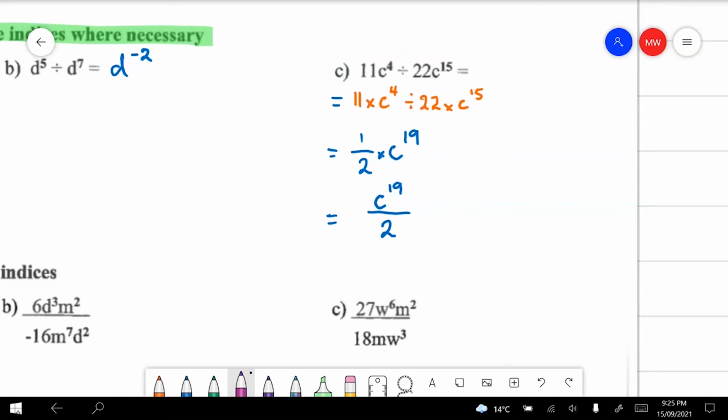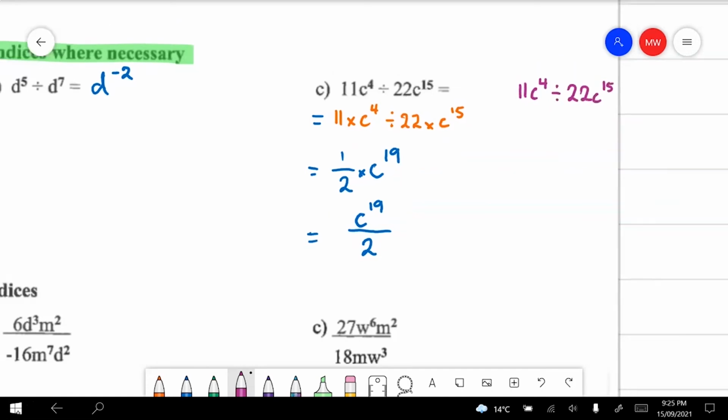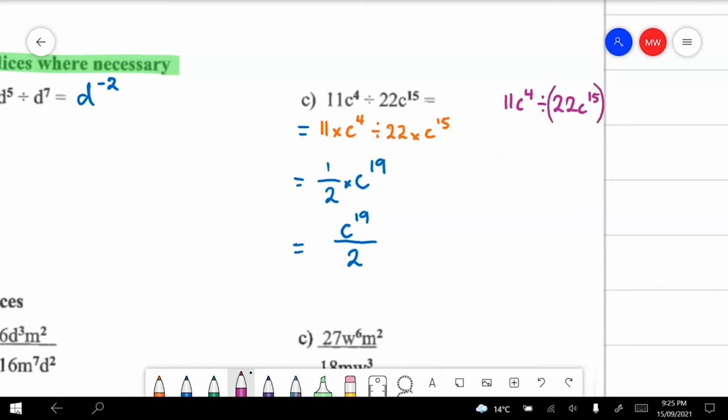So if I'd written this question differently, if this question was 11c to the 4 divided by 22c to the 15, and this part was in brackets, so in other words, it was this first section here, 11c to the 4, divided by the 22c to the 15, then what we would find is that we'd have a half, and then it would be c to the 4 minus 15, which would give us minus 11. Okay, so that's how we'd get that answer.